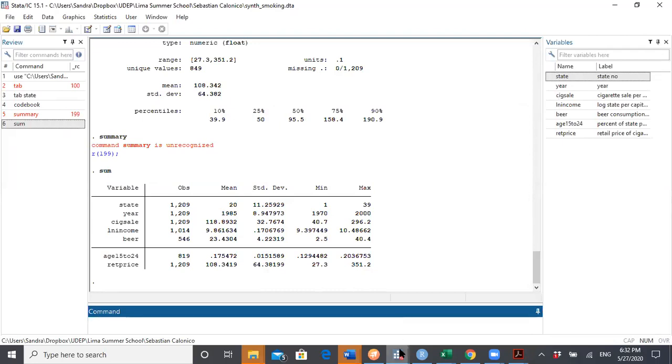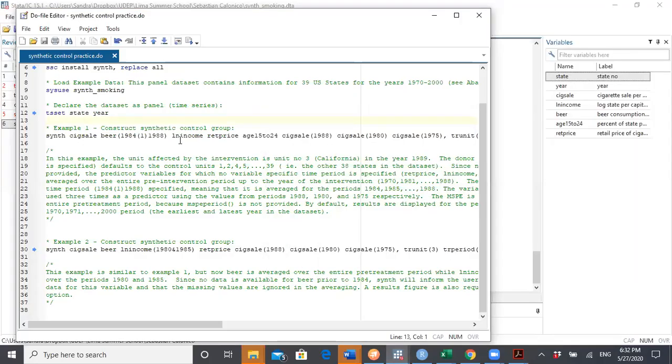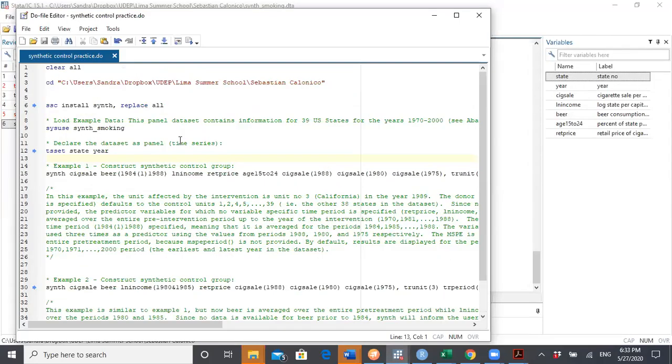This is actually from the paper, and it's already loaded on Stata. So they have it as synth smoking. It's sysuse synth_smoking, so you guys can access this data set as well. So I have it here, and what I'm doing is just setting the data set to a time series.